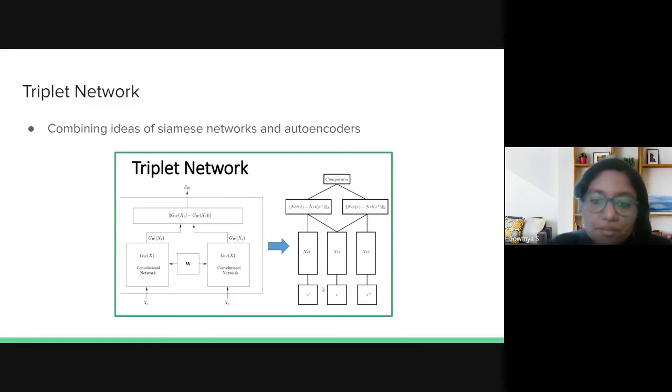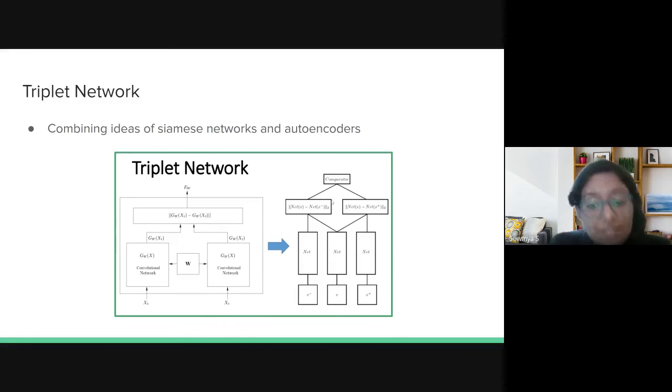So for example, if we have a negative example and a positive example, in a sense, the distance between this and this augmentation is dissimilar and the distance between this and this is similar.